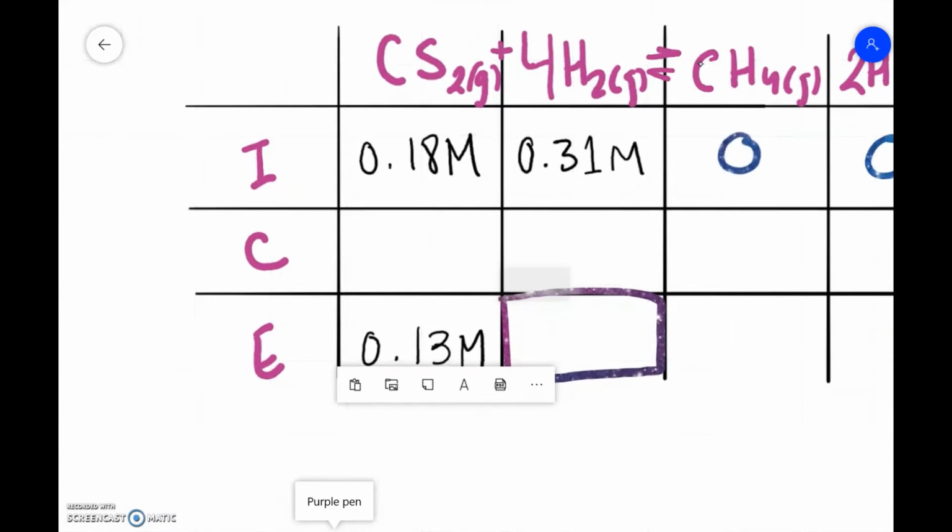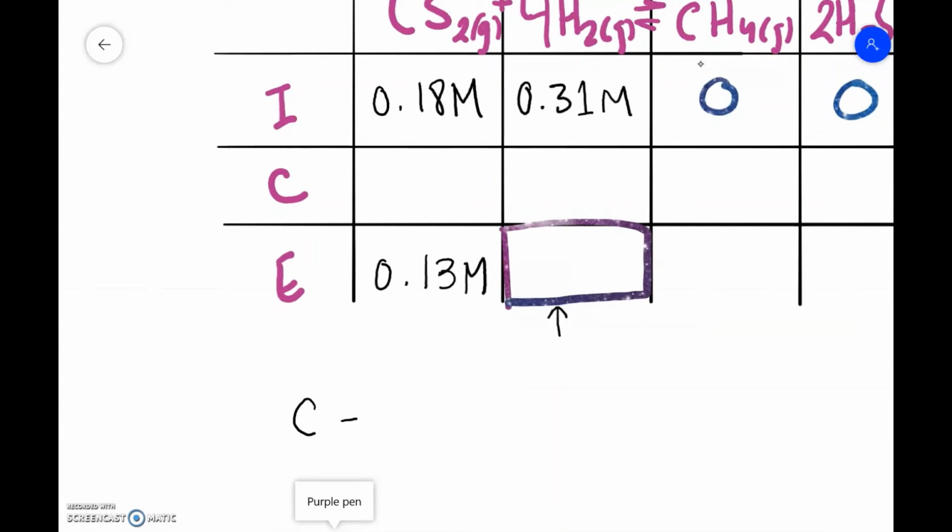Now, how can we find the change from the initial concentration of hydrogen gas to find the equilibrium? So we've been given the initial concentration of CS2 gas, which is 0.18, and the equilibrium for CS2 gas as well. To find the change, all we need to do is subtract: the equilibrium concentration, square brackets mean concentration, subtracted by the initial concentration, that gives you the change.